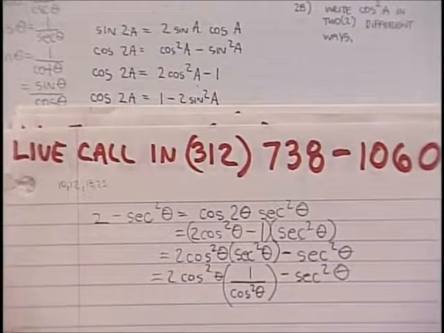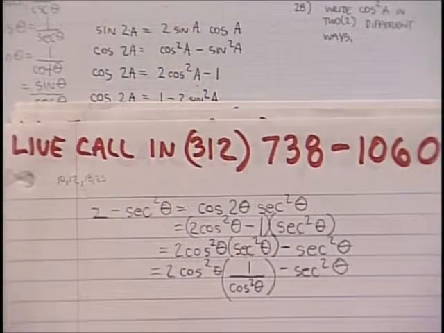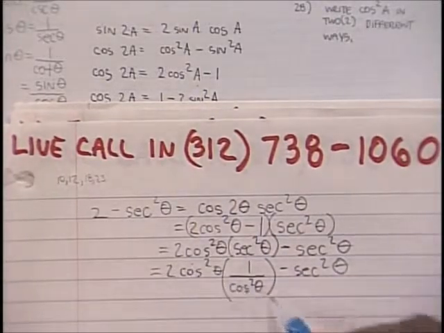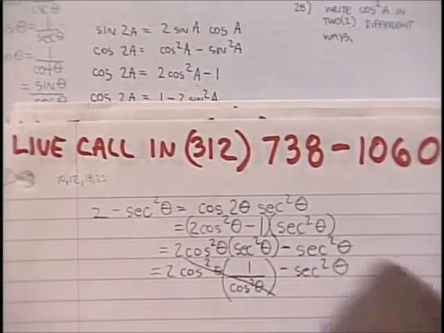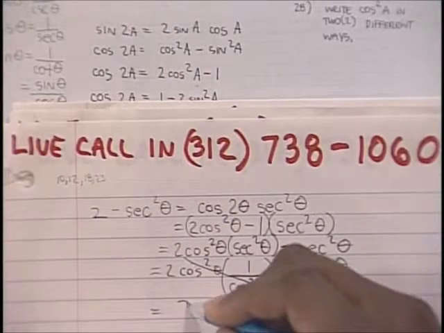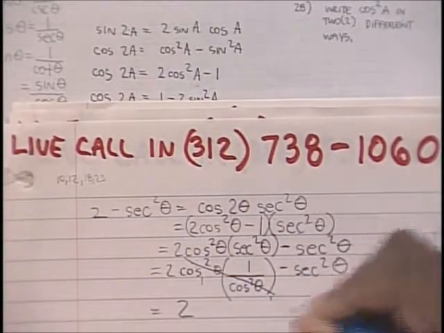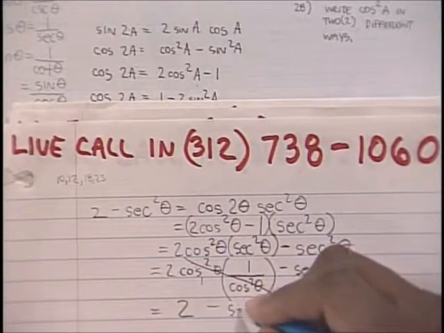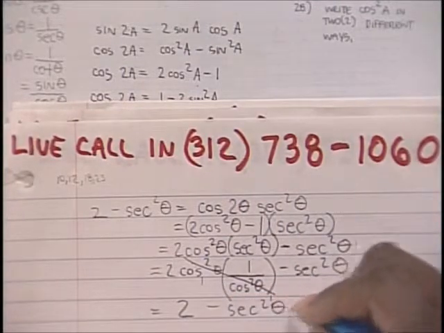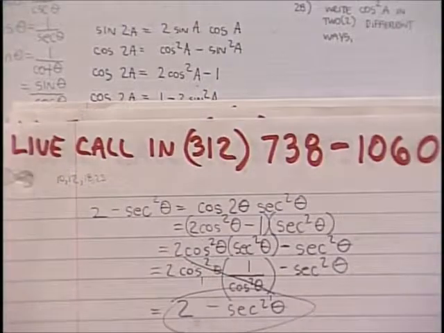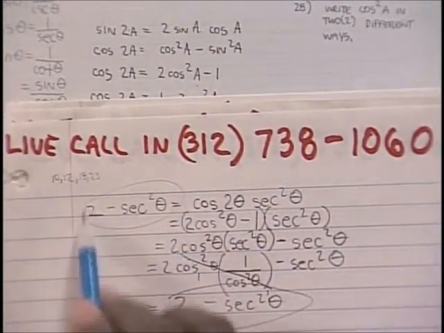This is beginning to work out. You notice that there's some cancellation that can happen, and we end up with 2 times 1, minus secant squared theta. So we end up with 2 minus secant squared theta is equal to that.